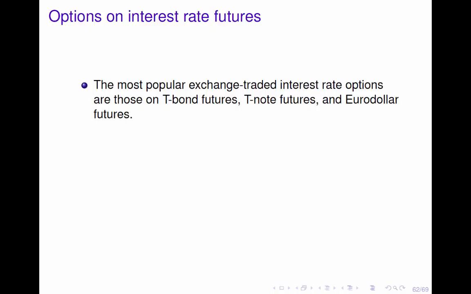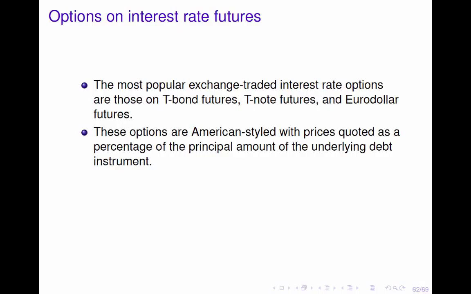The most popular exchange-traded interest rate options are those on Treasury bond futures, Treasury note futures, and Eurodollar futures. These options are American-style with prices quoted as a percentage of the principal amount of the underlying debt instrument.